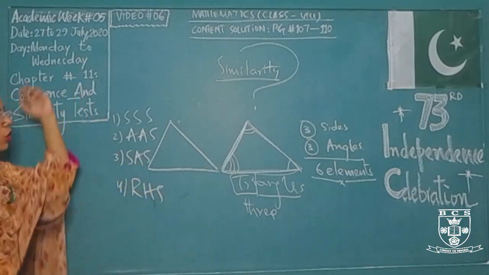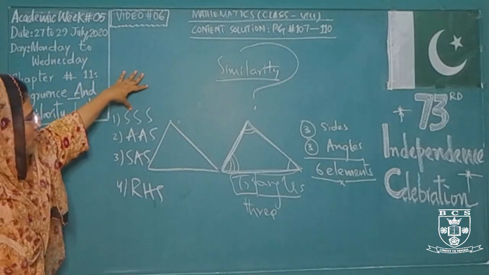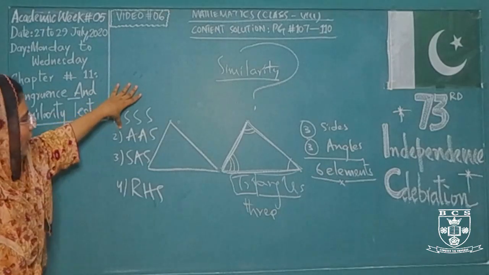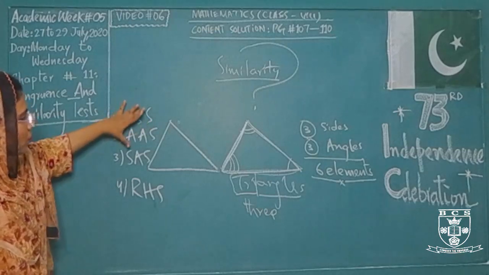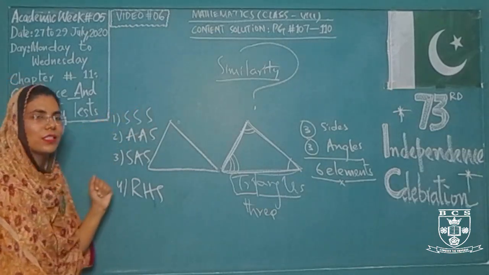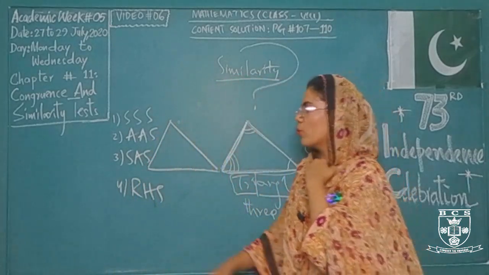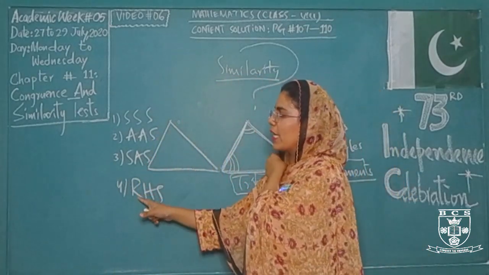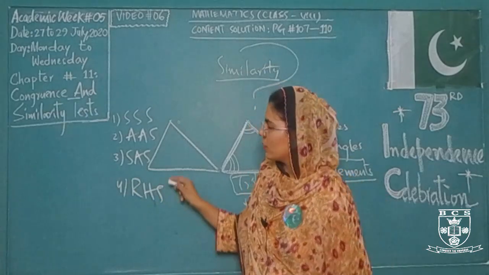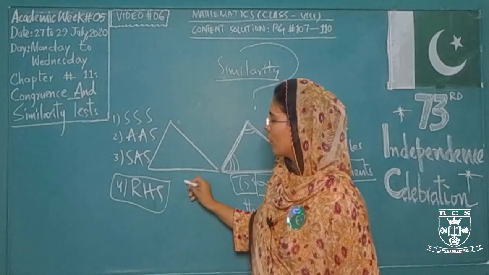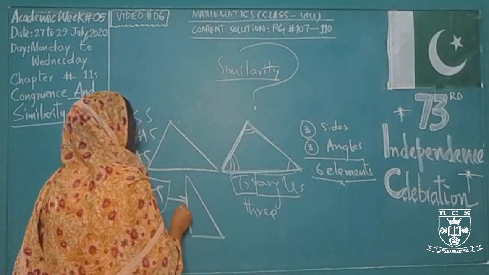For the first one, you must have the 3 corresponding sides equal. The second congruence says 2 corresponding angles and one side must be equal. For the third one, 2 sides and one included angle must be congruent. And for the fourth one, your right angle, your hypotenuse and one particular side must be equal. And this one is particular for your right angle triangle. This is your right angle triangle.